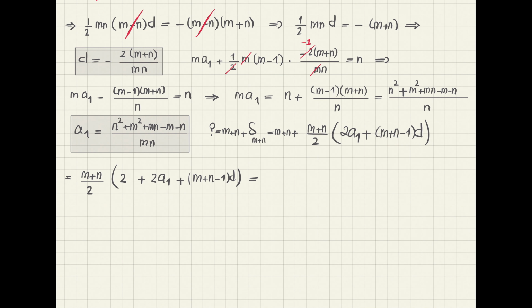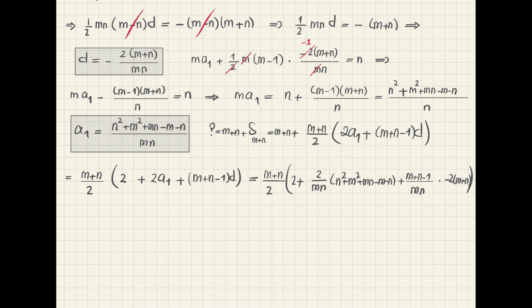Now it's time. I replace a1 with this expression, and I replace d with this expression. So this becomes m plus n over 2. Then I have 2 plus 2 times a1. So what happens here? It becomes 2 over mn times n squared plus m squared plus mn minus m minus n. And then I will have the other expression, which is m plus n minus 1 divided by m over n multiplied by minus 2 times m plus n.